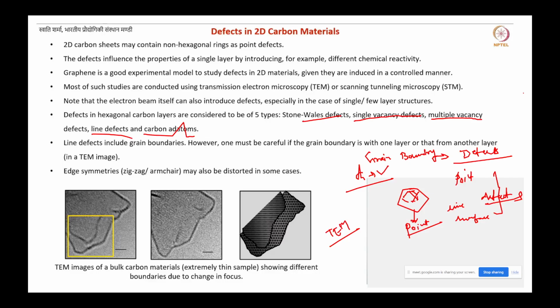So this is also very important. The grain boundary is a type of line defect. However, one must be careful if the grain boundary is with one layer or forms another layer.